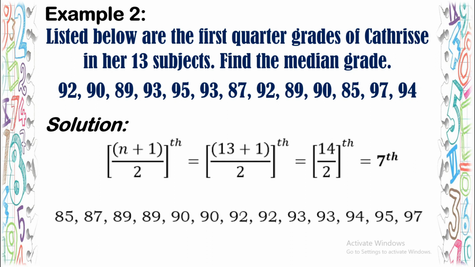So we have 1, 2, 3, 4, 5, 6, 7. That's from the left. So the median is 92. This is the seventh observation or the seventh term. Therefore, the median grade of Catrice is 92.